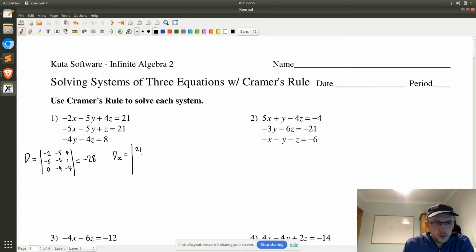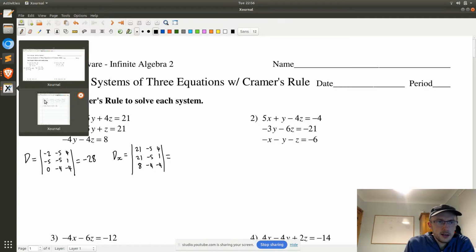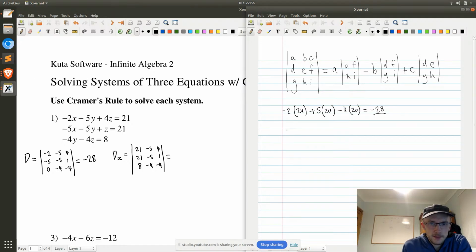21, and 8. And just copy and paste from here. Scratch pad, 21 and 5 and 4.